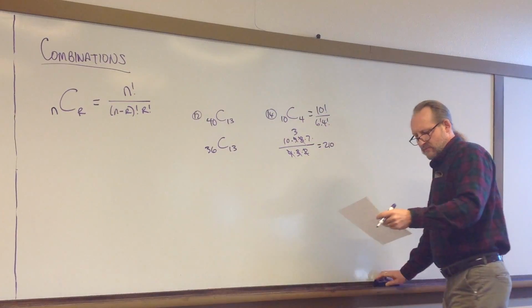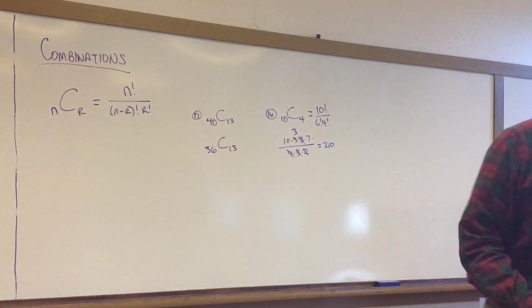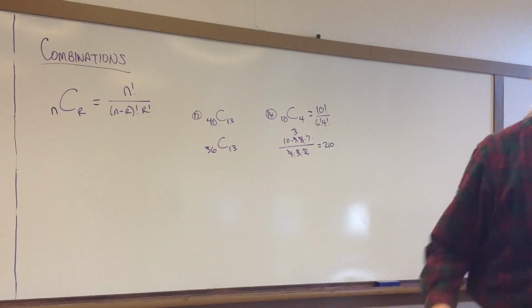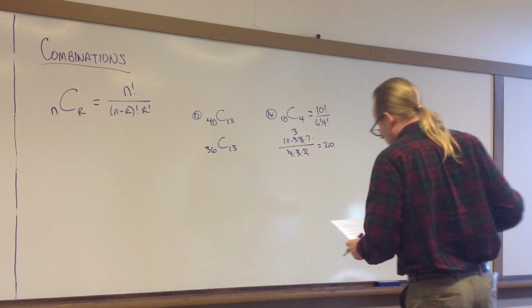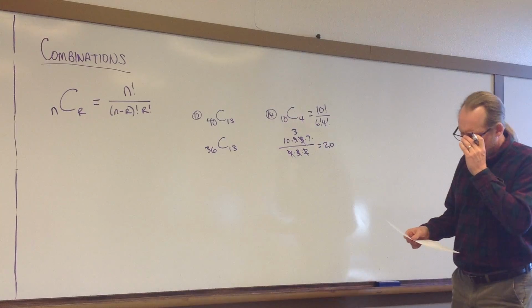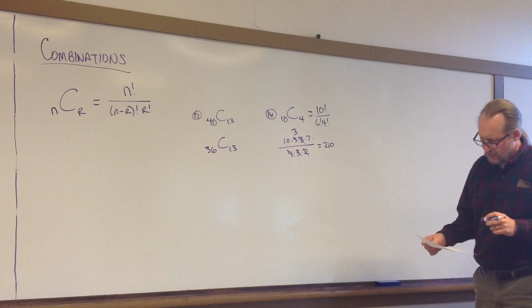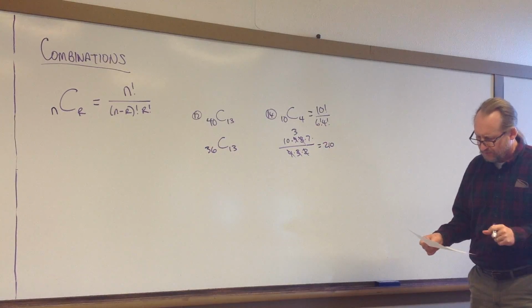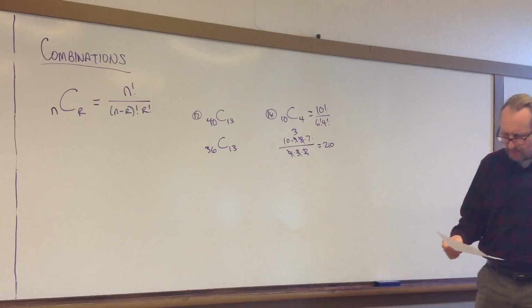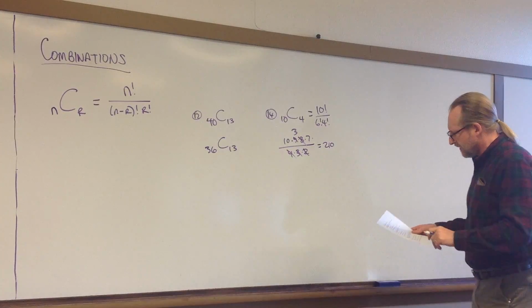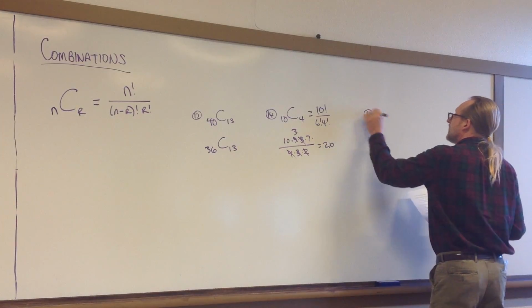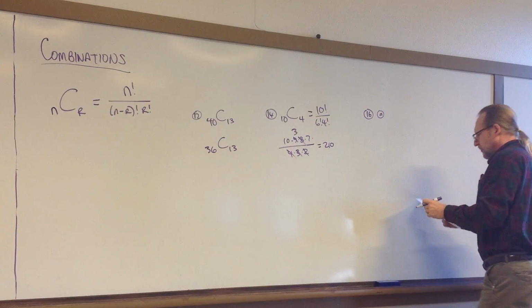Okay, let's see what else now. Now we get into some more interesting problems. Problem 16, we've got 15 boys and 12 girls on a camping trip. How many ways can we choose a group of 7 to go out and get firewood with no conditions? Then the order of the selection shouldn't make a difference.